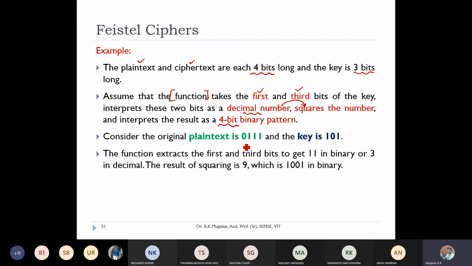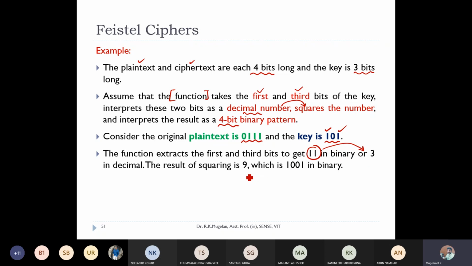Assume that this is the plain text, 0111, and the key is 101. As per the rules of the function, it takes the first and third bit of the key, that is 1 and 1. You can see 1 and 1 is converted into a decimal value of 3 here.